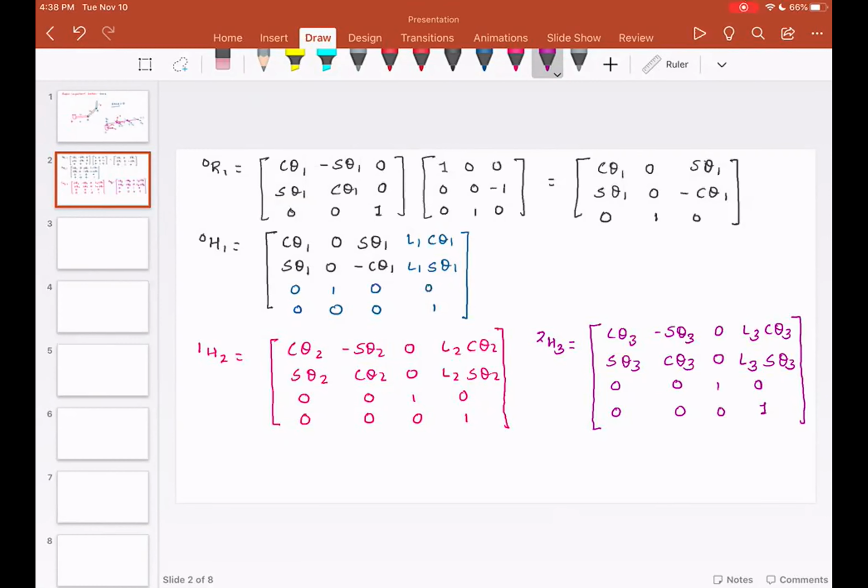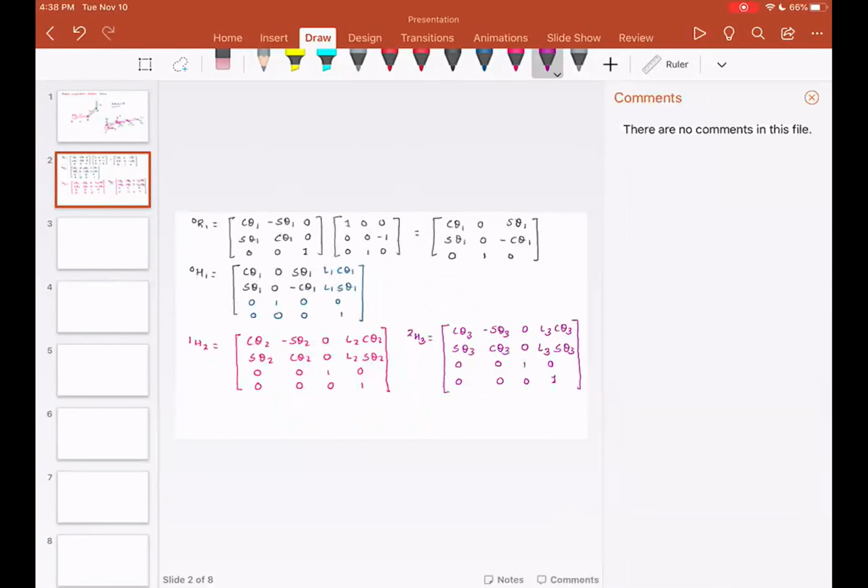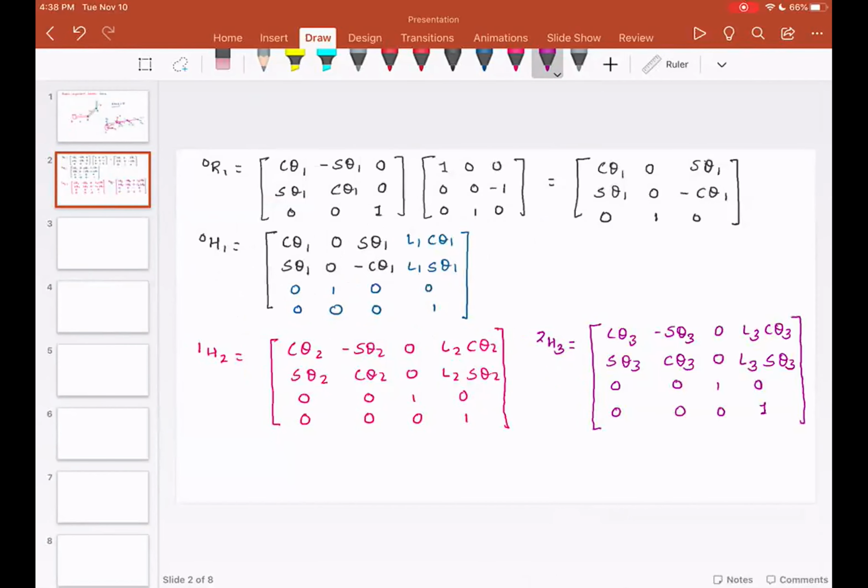Now, I want to make certain things very clear. What you have here, here, here, here, here, and here, these are the distances between the frames.